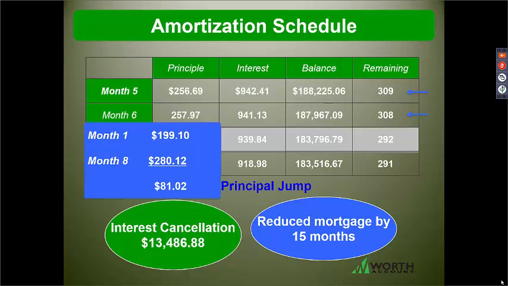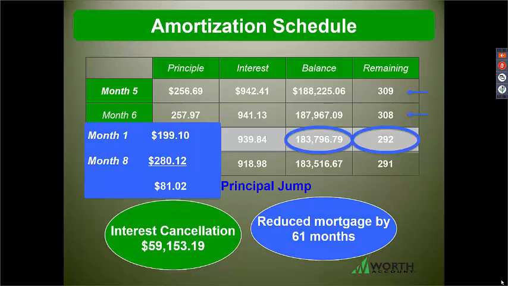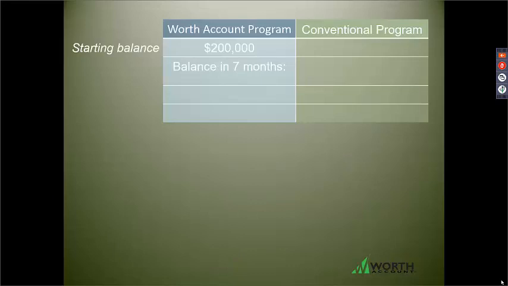We've grown by $81.02. We just canceled $59,000 in interest and reduced our mortgage by 61 months. That's 61 payments of $1,200 that you can take and throw in the garbage can. They cannot come back. We've got 292 months to go, and our balance is $183,690.796. So here's the worth account.